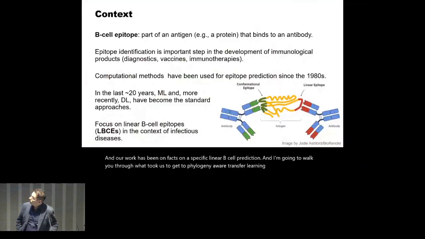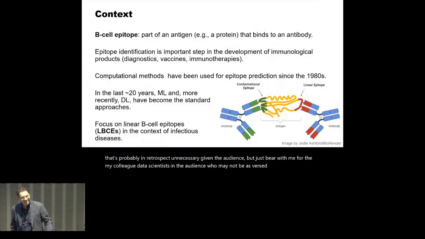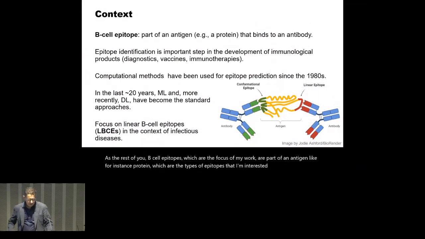So a bit of context that's probably, in retrospect, unnecessary given the audience, but just bear with me for my colleague data scientists in the audience who may not be as versed in immunology as the rest of you. B-cell epitopes, which are the focus of my work, are part of an antigen, like, for instance, a protein, that binds to an antibody.